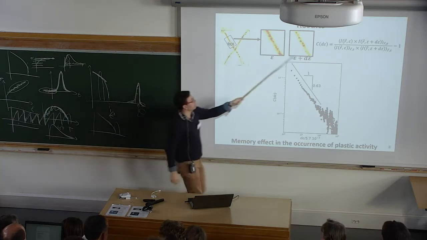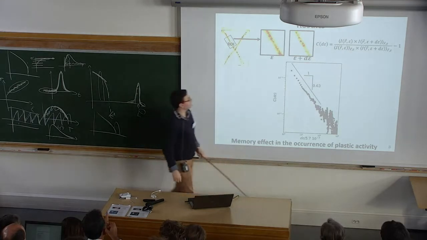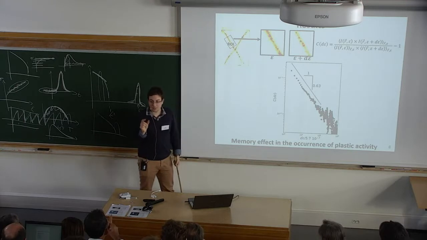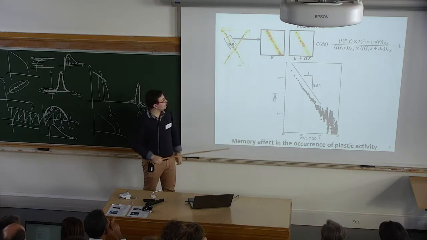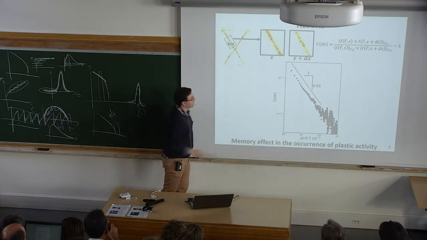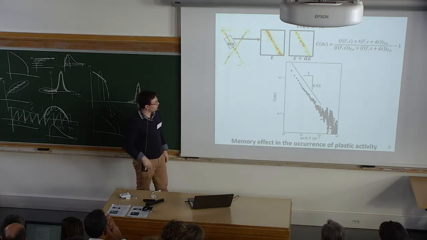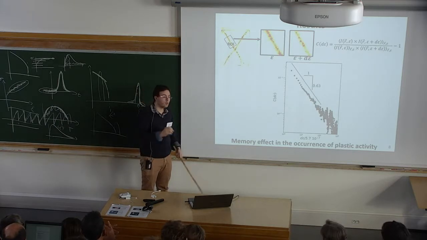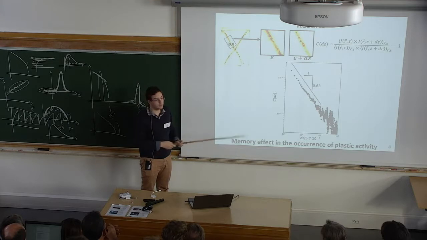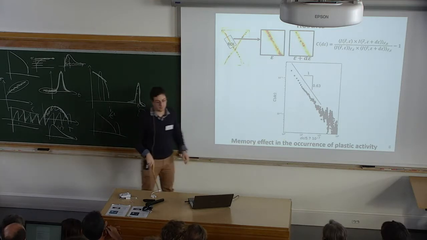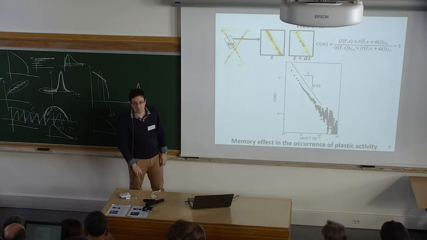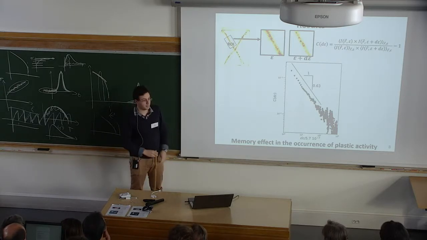So this is this kind of correlation function, and I can plot it versus the strain gap d epsilon, and we have a well-defined power law over 3 decades, and this quantity can be seen as the probability to get an event at the same place according to the strain gap d epsilon. And we can see that there is a memory effect in the occurrence of the plastic activity inside our granular material.